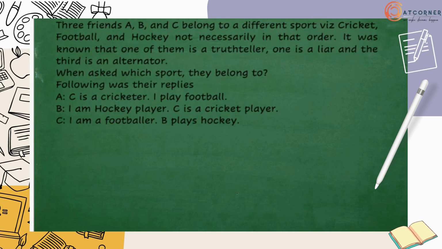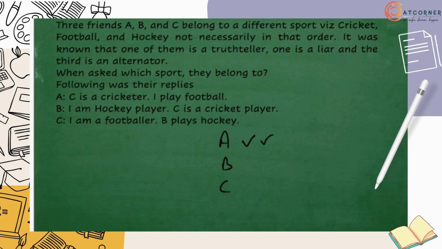A, B, and C, each of them have given two replies. A says C is a cricketer, I play football. B says I am a hockey player, C is a cricket player. And C says I am a footballer, B plays hockey. Now here we'll assume one person as a truth teller. Let's assume A as a truth teller, so both his statements will be true in nature, and from that we can find out certain details.